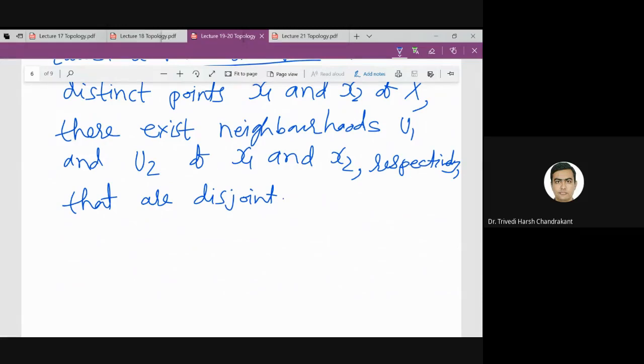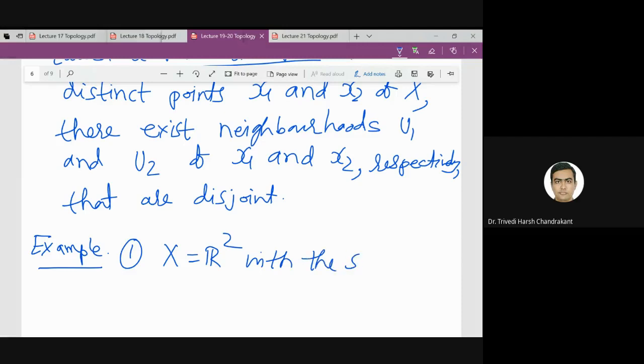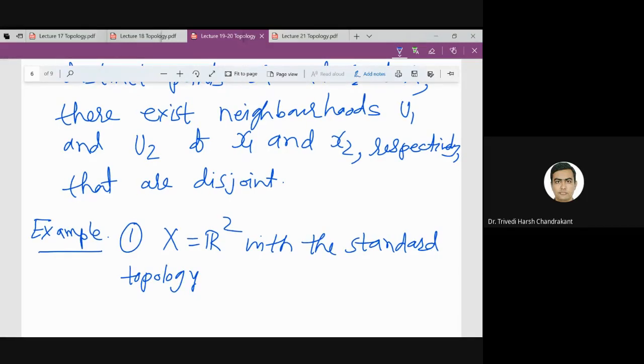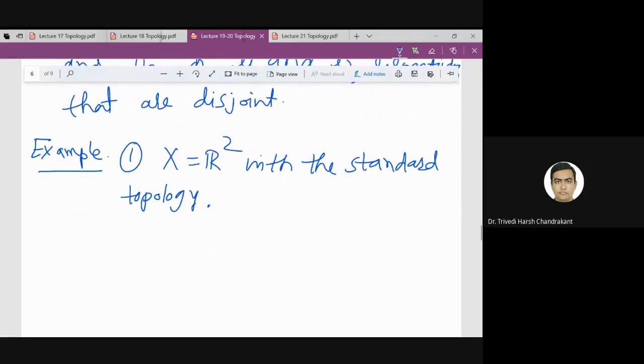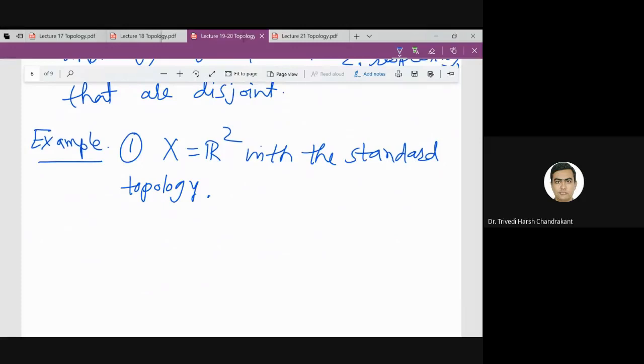So let us see the example. If I take X equal to R2 with the standard topology, then let us check whether it satisfies this property or not.